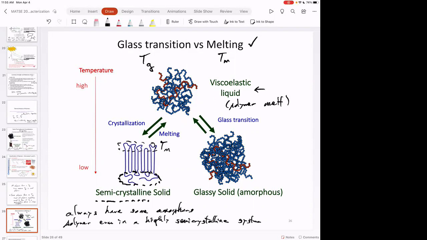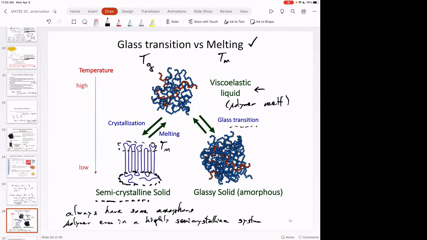As we cool it down, we go through a glass transition temperature, and you notice that this amorphous melt, which is a liquid, has liquid-like order, no long-range regular order, looks nearly the same as this glass, right? No order in a glass.